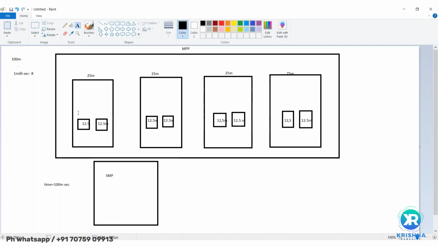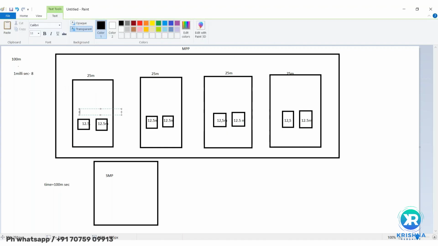At that time, you know how the data distribution will be. First 8, 16, 24, 32, like that, 40, 48, 56, 64, 72, 80, 88. So total 12 records per slice will be distributed in 12 seconds.